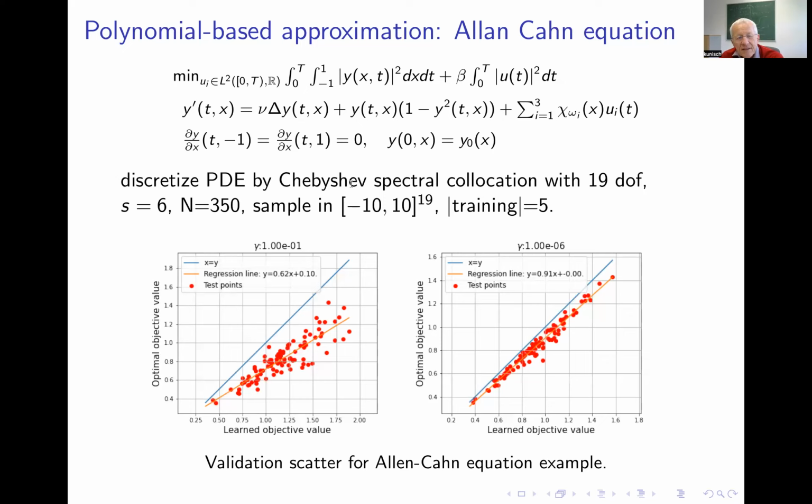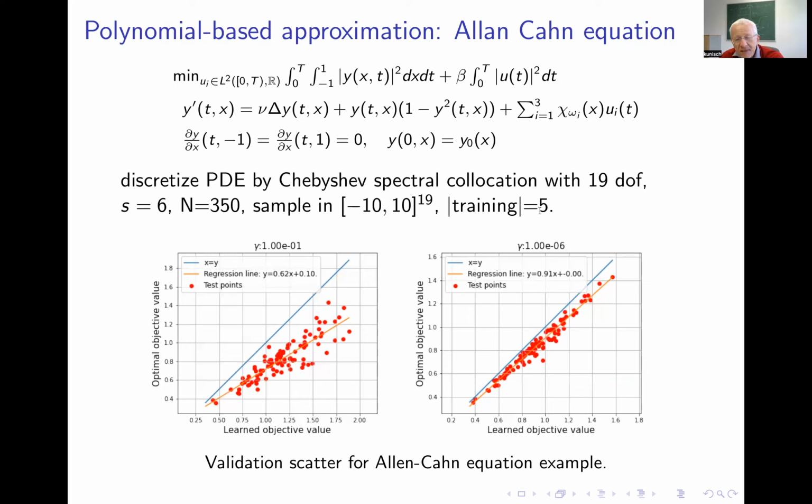Here we discretized the PDE by Chebyshev spectral collocation with 19 degrees of freedom. So eventually we had a 19th order ODE here. Hyperbolic cross for the discretization of the HJB equation. We sampled in the interval -10 to 10.